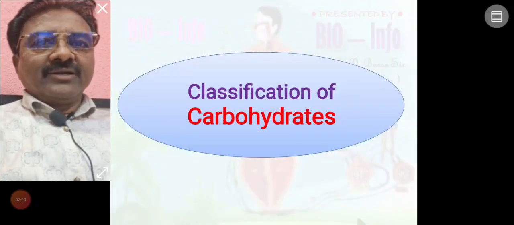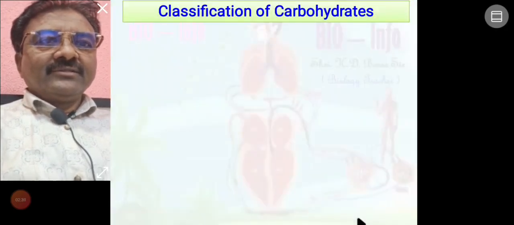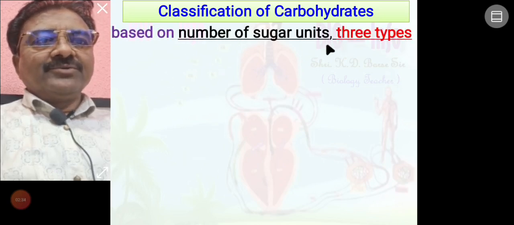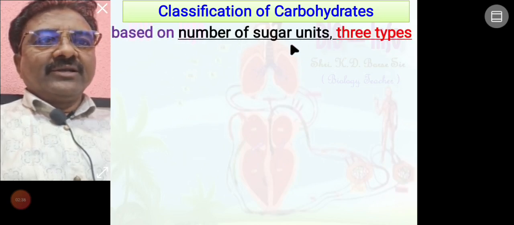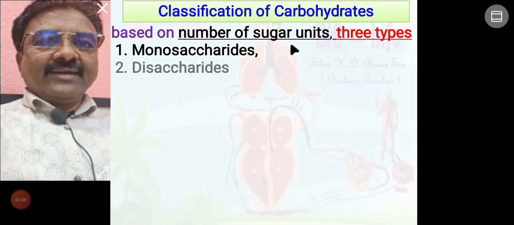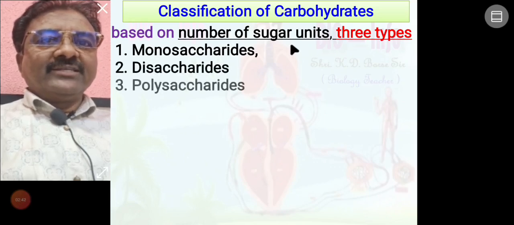Classification of carbohydrate, based on the number of sugar units. Carbohydrates are of three types: monosaccharide, disaccharide, polysaccharide.